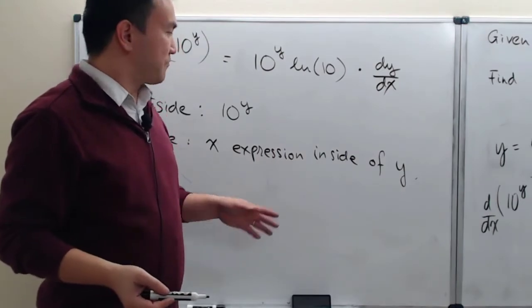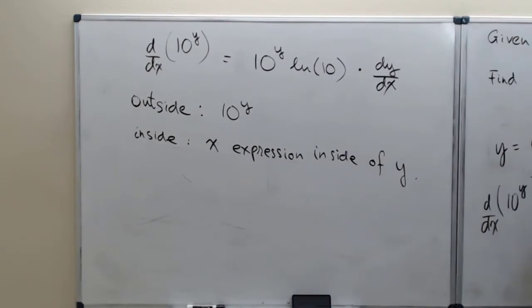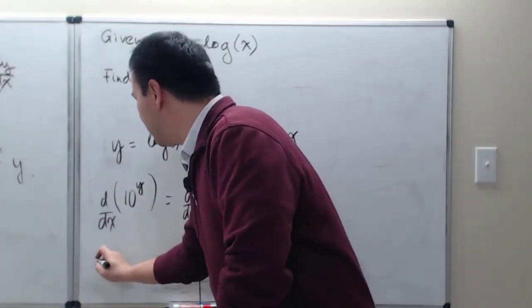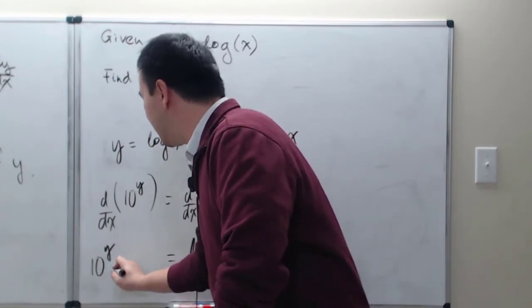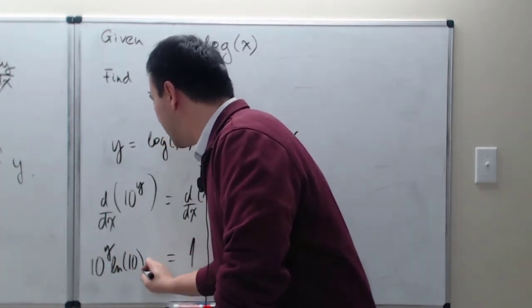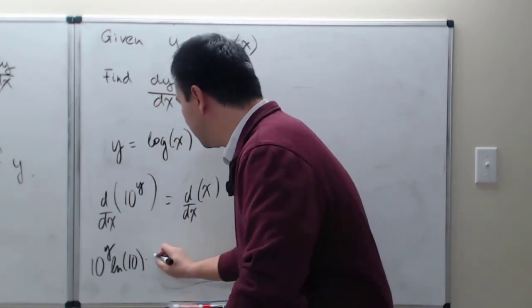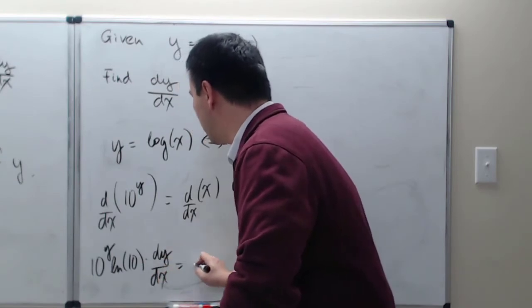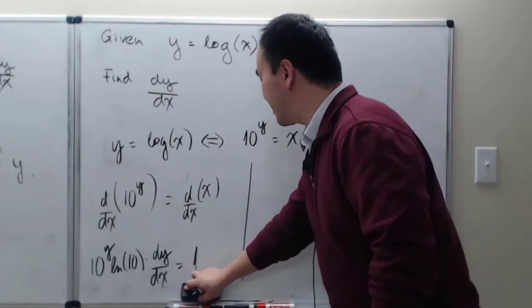And so now I'm going to use this and put that in my other board. So that here gives me, implicitly taking the derivative, 10^y times natural log of 10 times dy/dx equals 1. Okay, and so now I'm ready for my next step.